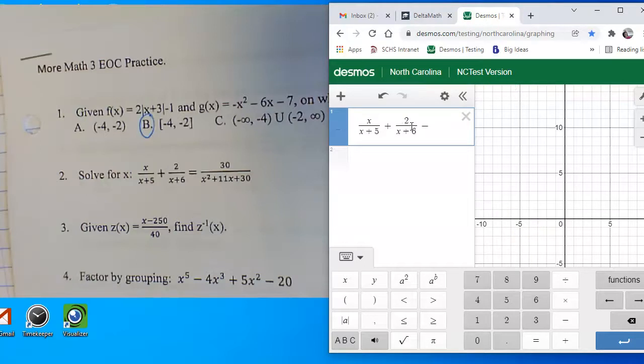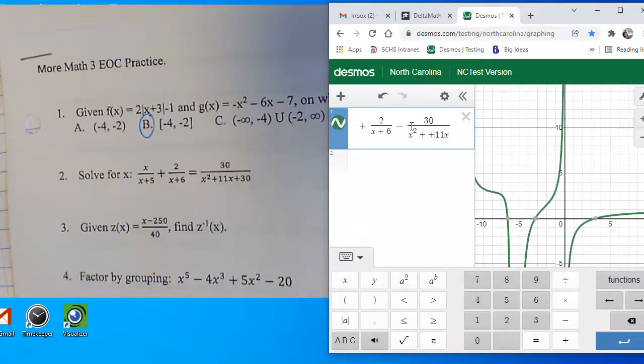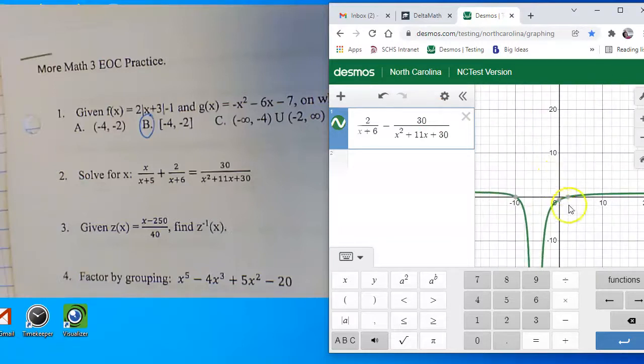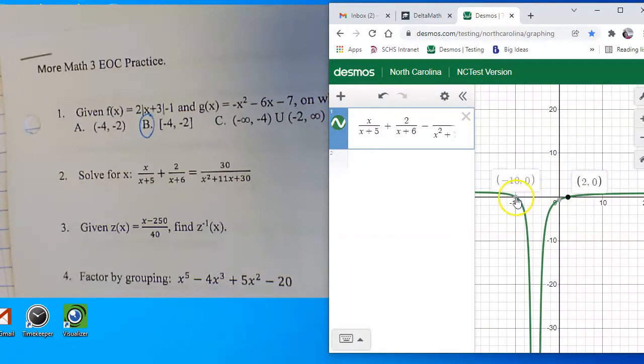I'm going to move the other fraction over by subtracting it. Too many pluses. And what I'm looking for is where it crosses the x-axis. There's a whole bunch of gray dots. Any of them that are crossing the x-axis, this is a gray dot, but it doesn't have a 0 there, so it's not that one.